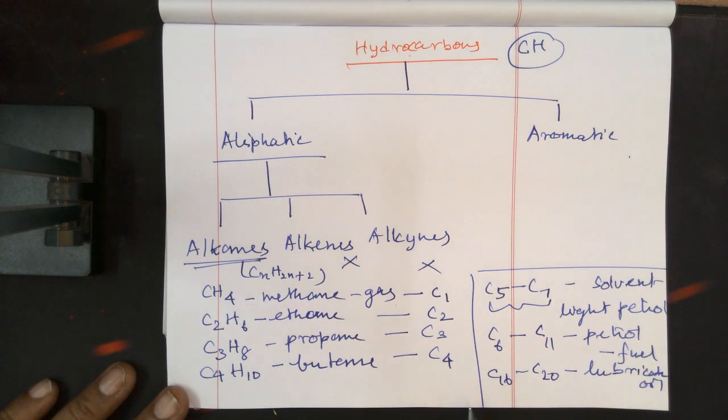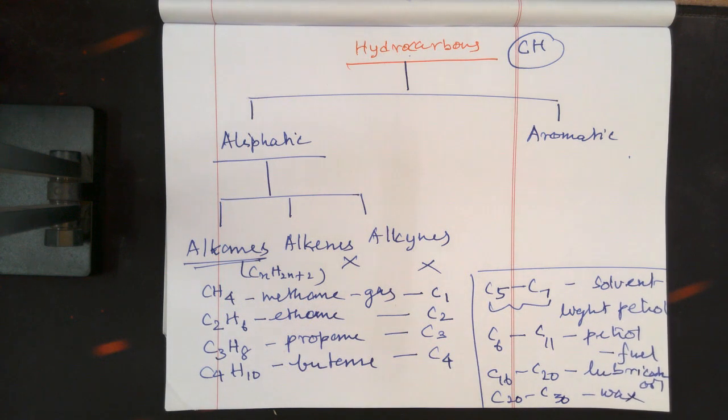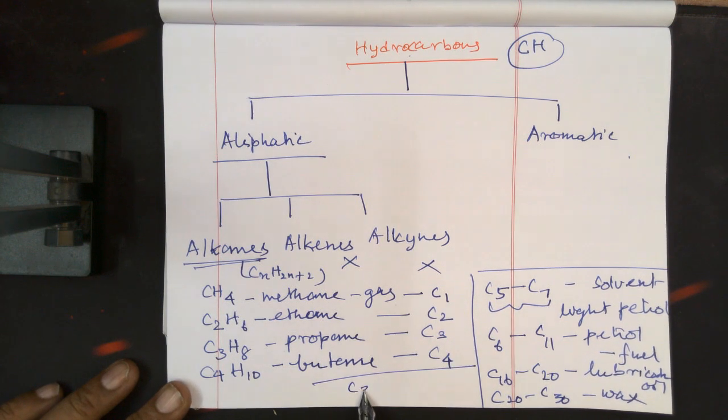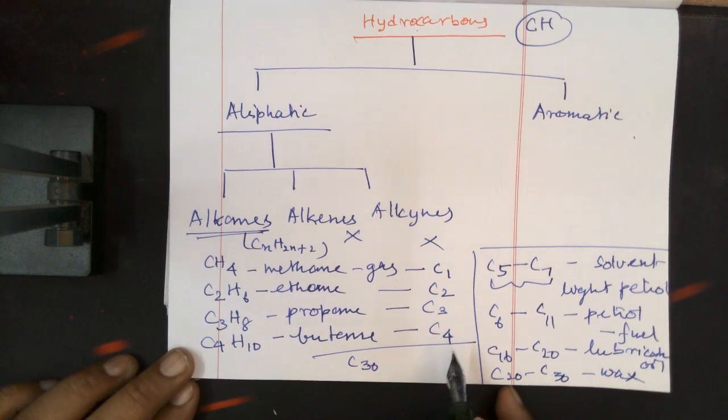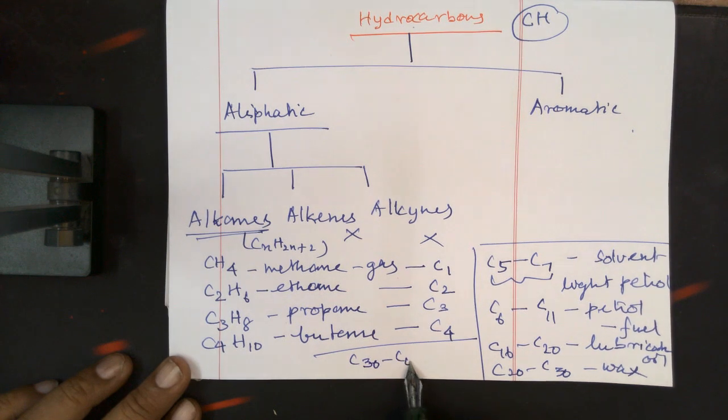And paraffin wax ranges from C20 to C30. So this is wax. And after that, you are able to get coal tar or asphalt, that is C30 to C40. In this range, you will have tar product.